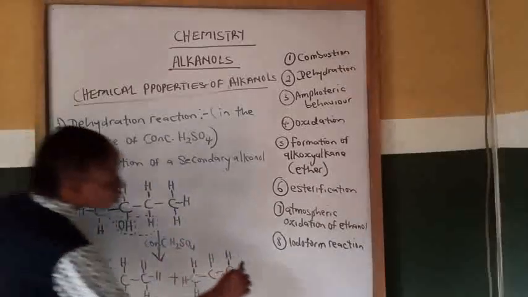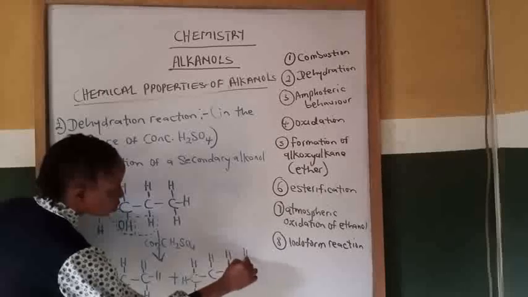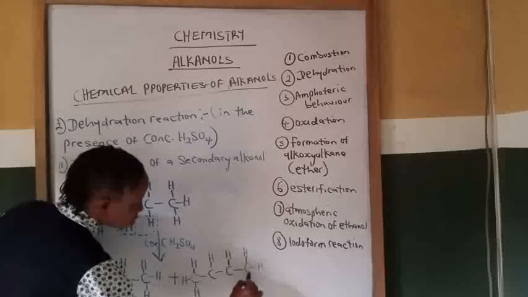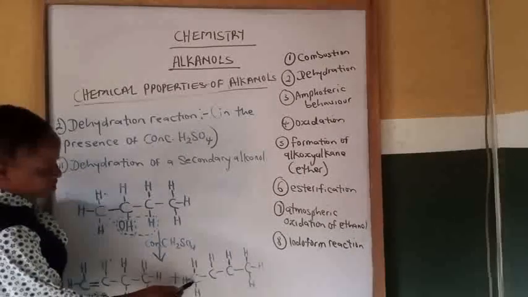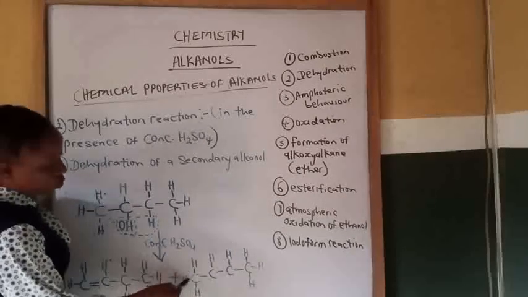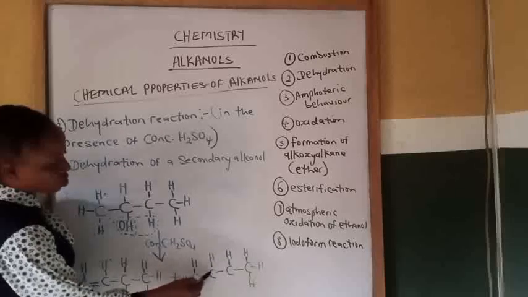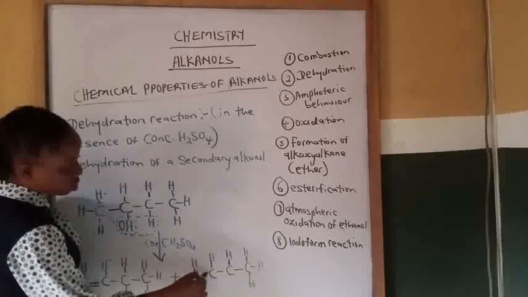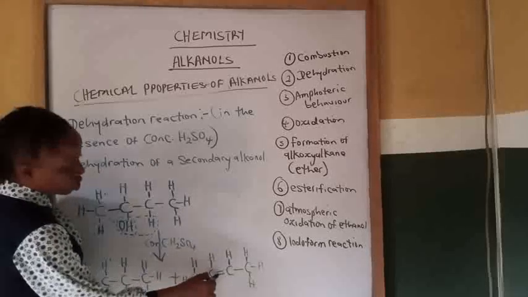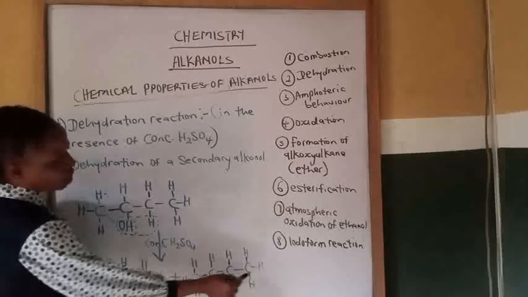Then the last carbon atom with 3 hydrogen atoms. Now, the first carbon atom has completed its own 4 chemical bonds. But the second carbon atom has 1, 2, 3, so this one needs one more at this side. So this one now, 1, 2, 3, 4 complete.